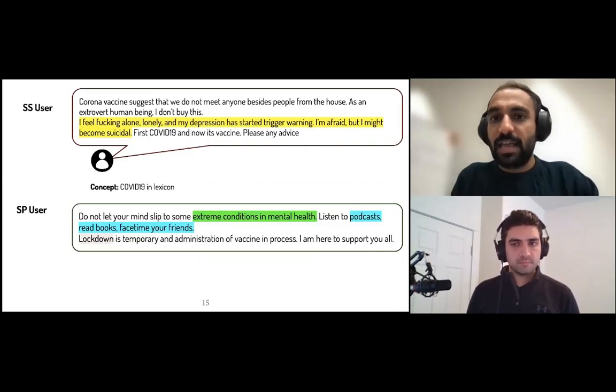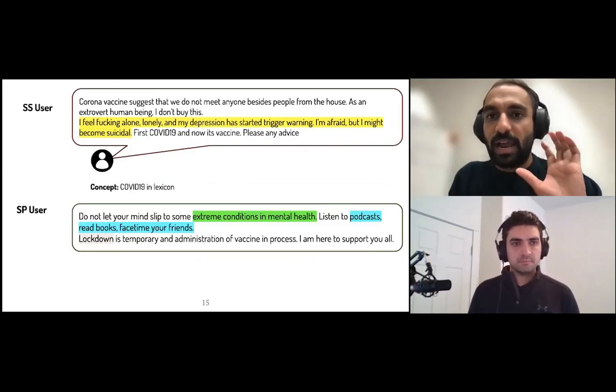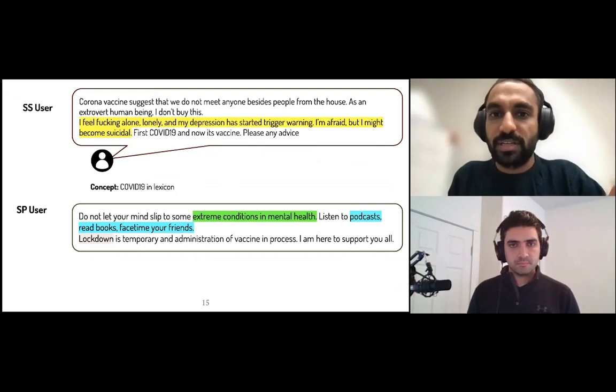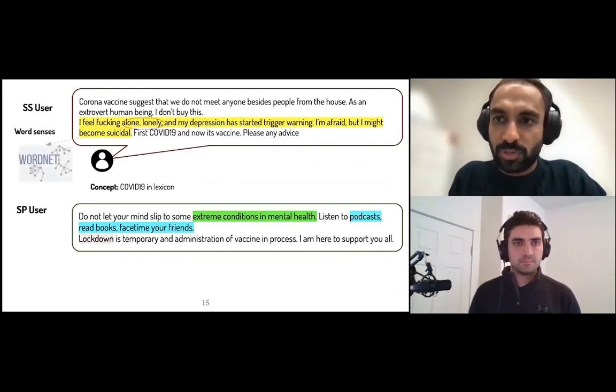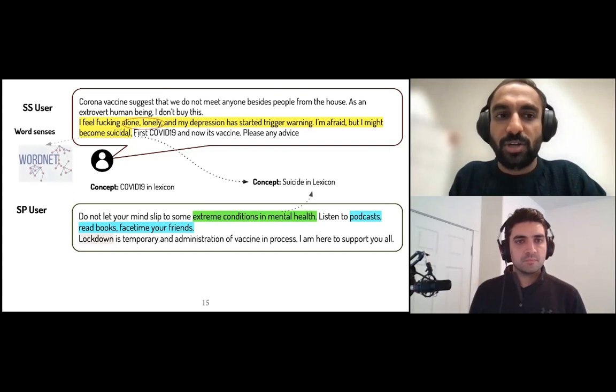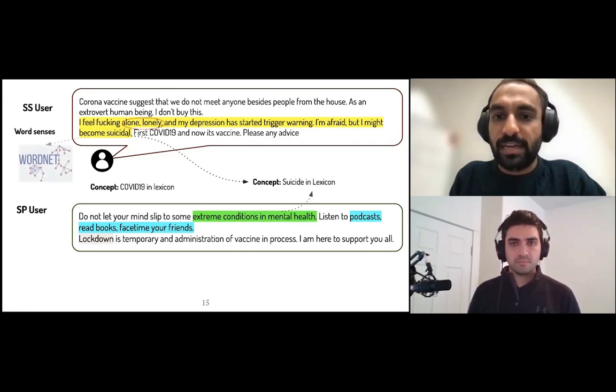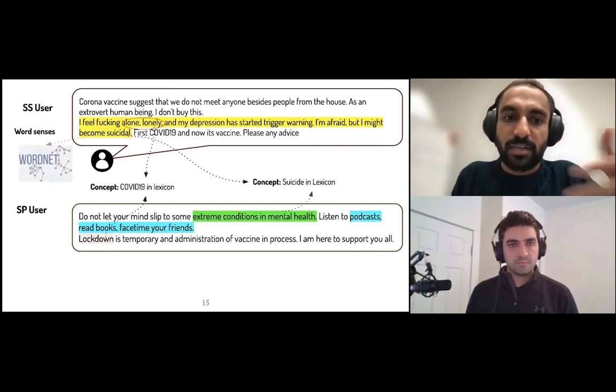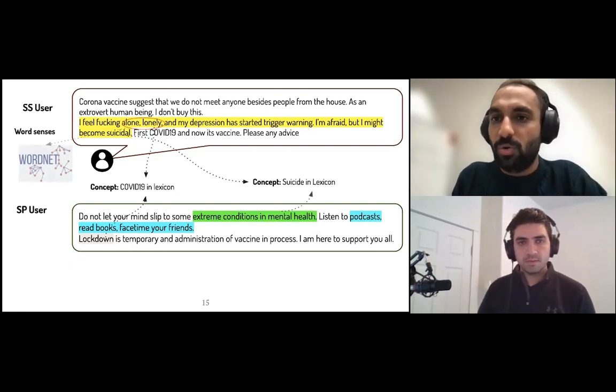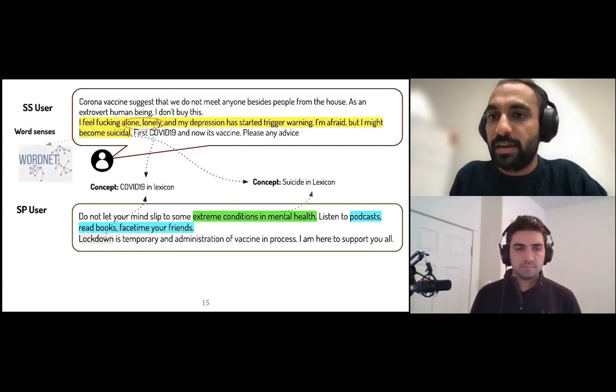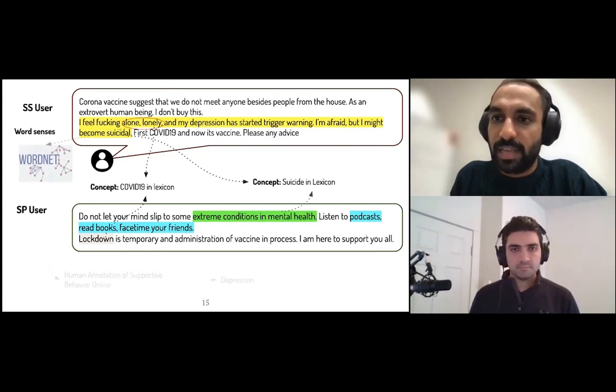When we look at the lexicon, so far I have just highlighted the words. Now, if I use a different source of information, I know WordNet talks about alone and lonely to be the same. I talked about suicidality, and we know that the lexicon also mentions that suicide is an extreme condition in mental health. I know that lockdown and lonely are the most commonly occurring terms in the COVID-19 context.